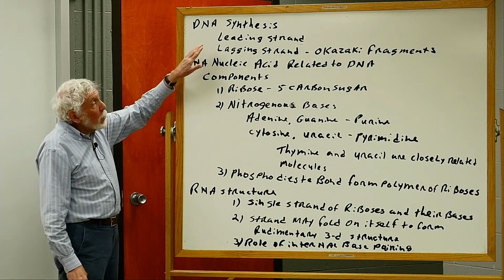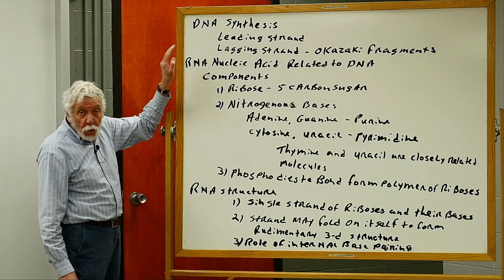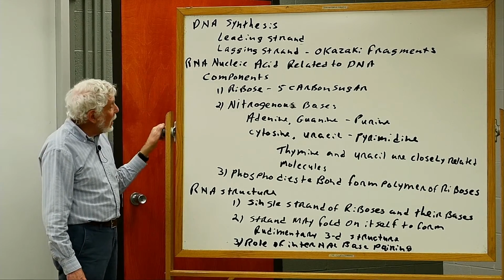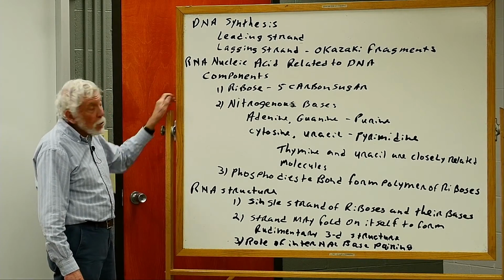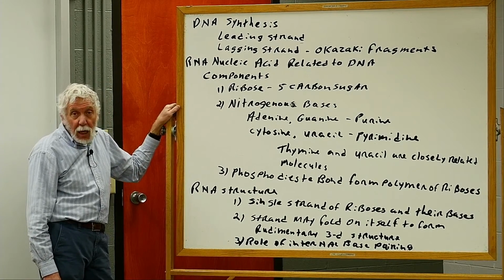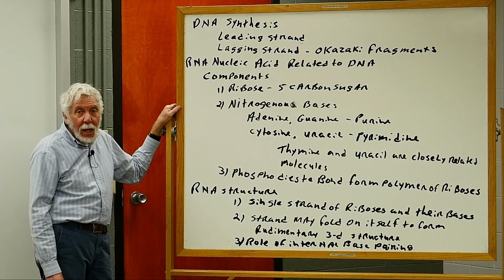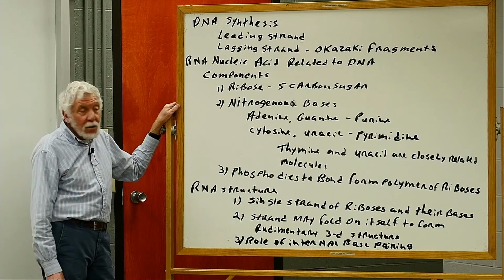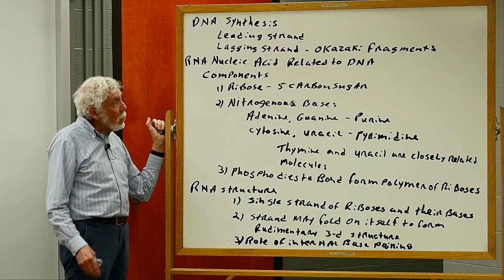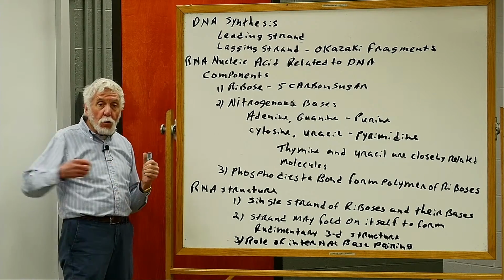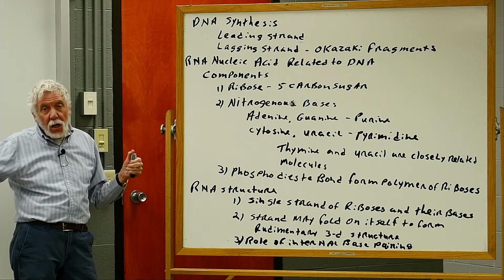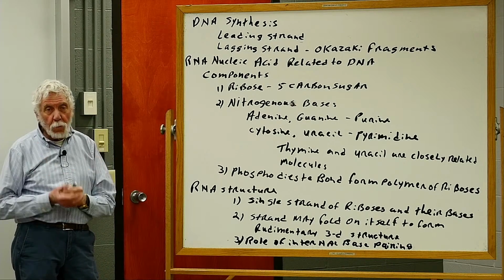Some of you may have heard of the term Okazaki fragments. That's where this term originated. It originated in the laboratory of a guy named Okazaki in Japan, and he was interested in DNA replication. He was doing experiments, stopping the replication at certain sites. He would find this odd arrangement where he would get great long strands of newly synthesized DNA and then shorter pieces.